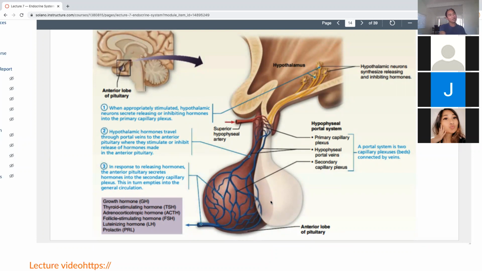They are oxytocin and the antidiuretic hormone. Oxytocin is for smooth muscle contraction. For the lactating mother, if the oxytocin rises, there will be contraction of smooth muscle that will push milk out of the breast so that she can feed the baby.